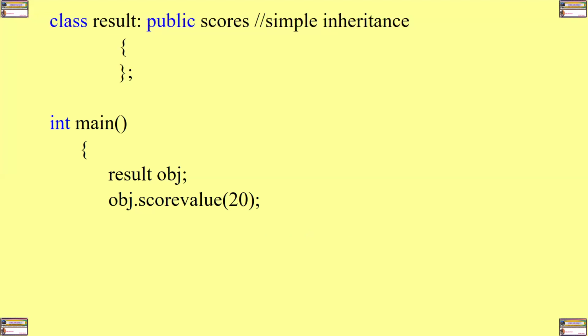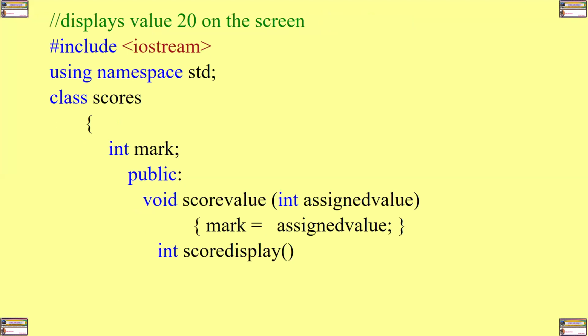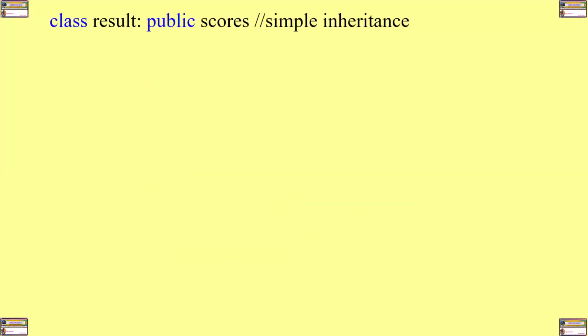And therefore, when this statement is invoked, the function called scoreValue, which is in the base class called Score, will be invoked. It will be executed. And therefore, what is it going to do? It is going to return or pick the value in the member called mark, which is value 20, and return it to the calling function.